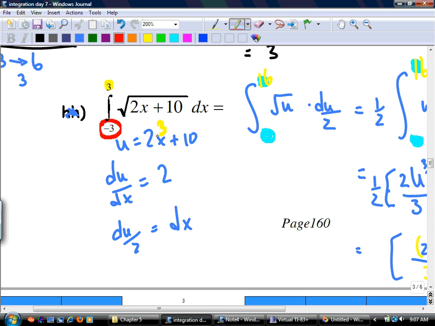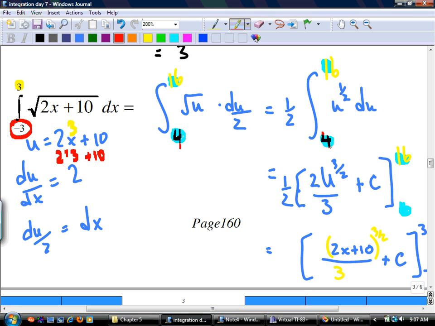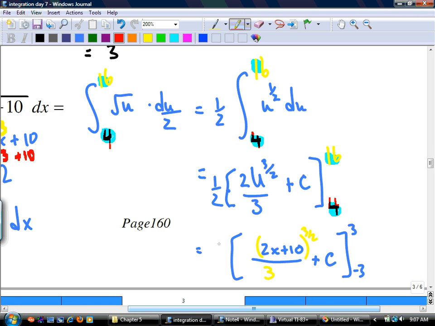No, you still have to do the same thing. 2 times negative 3 is negative 6, plus 10 is positive 4. So you get to stop a line earlier. You could put 16 in for u and put 4 in for u and subtract your answers, and that lets you stop a line sooner.